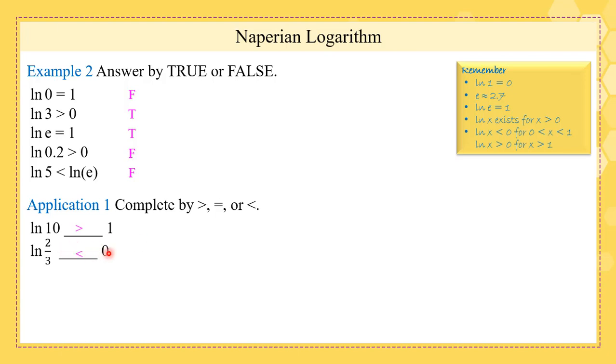Well, ln 2/3 is less than 0 because 2/3 is between 0 and 1. ln of 3/2 and 0. ln 3/2 is greater than 0 because 3/2 is greater than 1. ln e and 2. And ln 1 and 0. ln 1 is equal to 0.